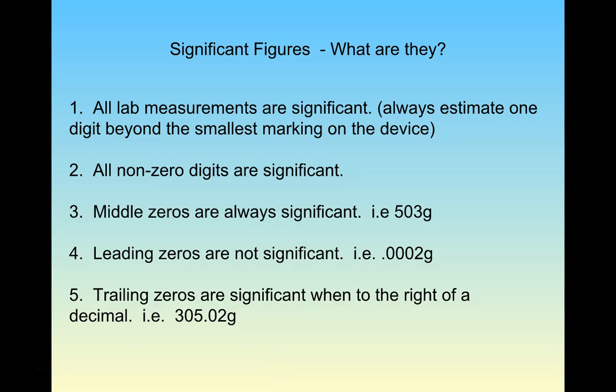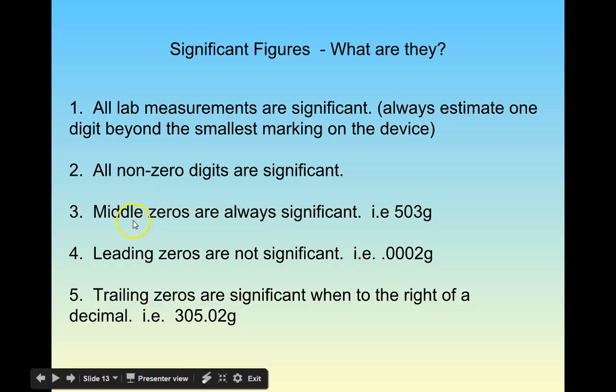Zeros, on the other hand, sometimes are significant and sometimes are not. So when we look at significant figures and the rules, zeros placed in the middle of a number, like something you see here, 503 grams, this zero is significant. It's telling us the object had a mass of 503 grams. Leading zeros are nothing more than placeholders.